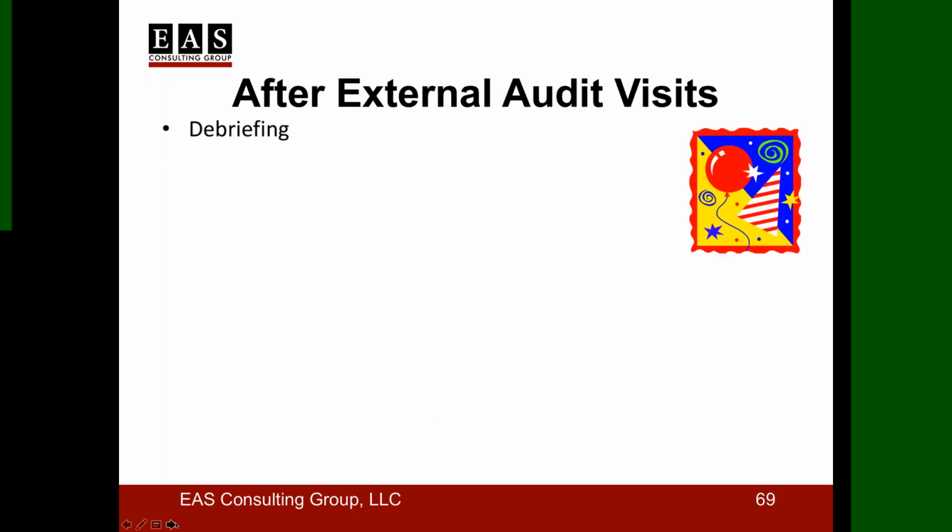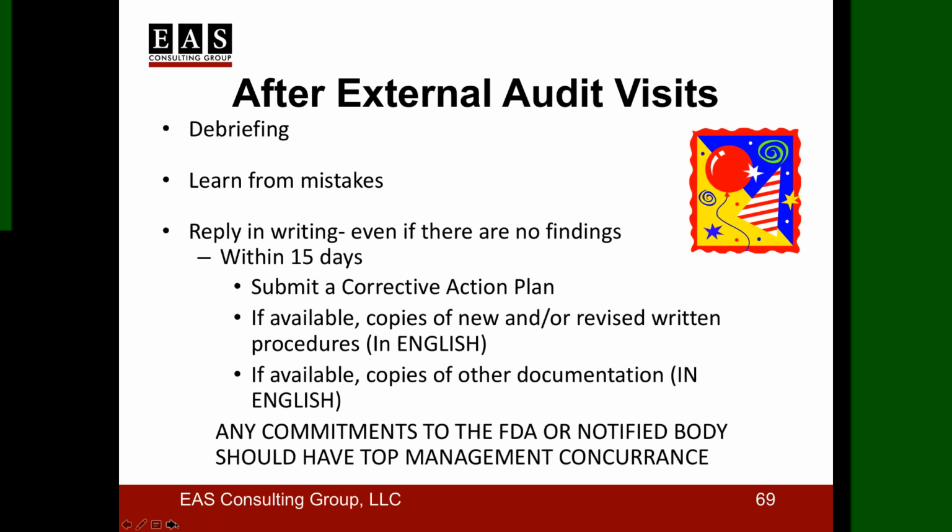Afterwards, have a debriefing. How did we do? What do we need to fix? And if FDA or the notified body does supply you with an audit report with findings, please reply back in English with a plan. You don't have to get these things done within 15 days, but at least have some type of action plan. This is what we're going to do.